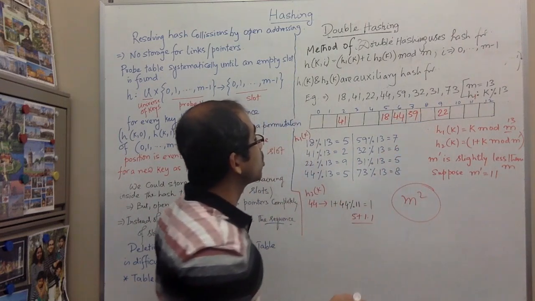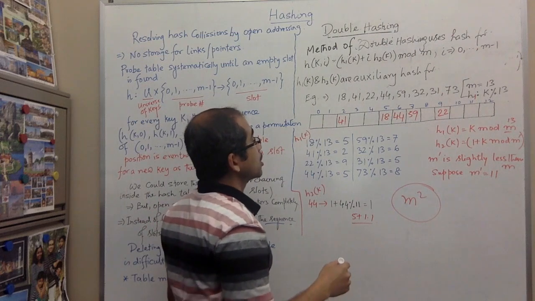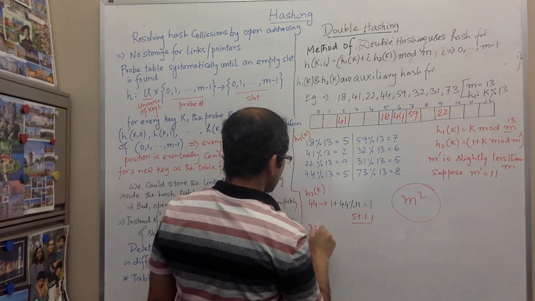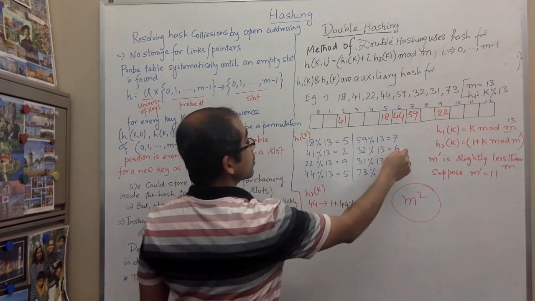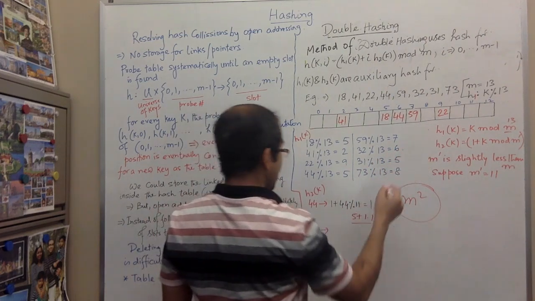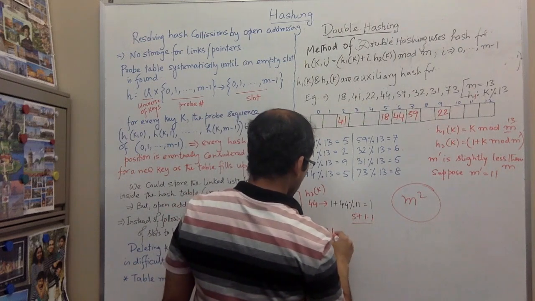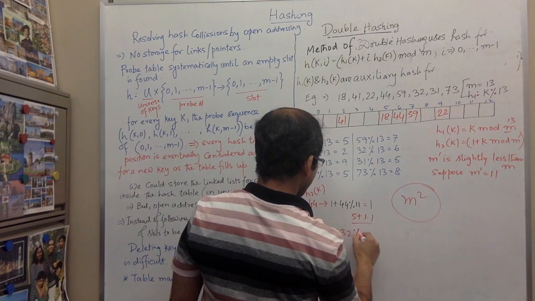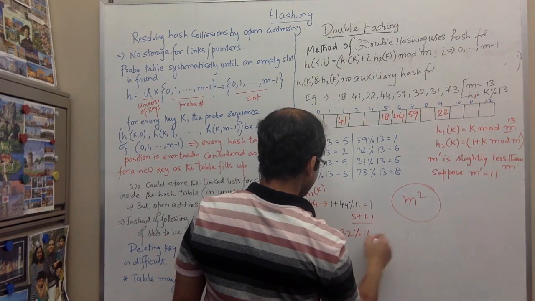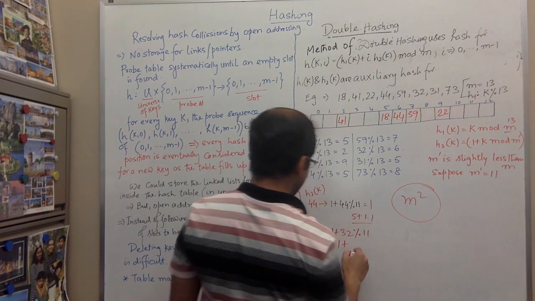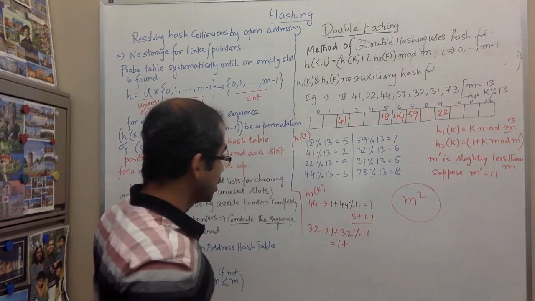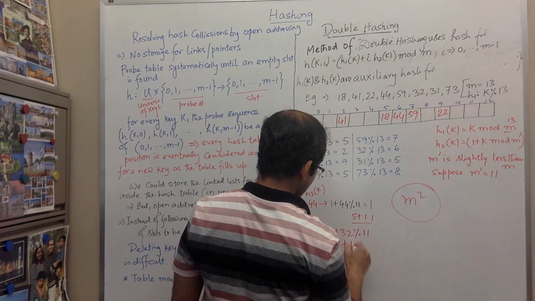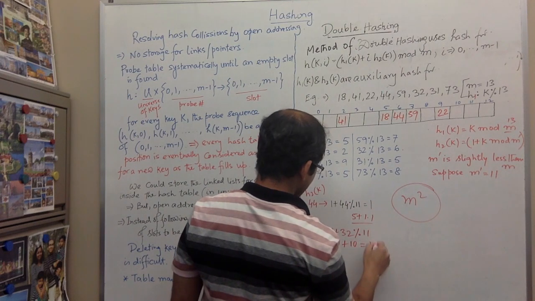Now 32 should go to position 6, but position 6 is full, so we have to calculate h2k for 32. So h2k is 1 plus 32 mod 11, that is 1 plus 10, so that is 11.